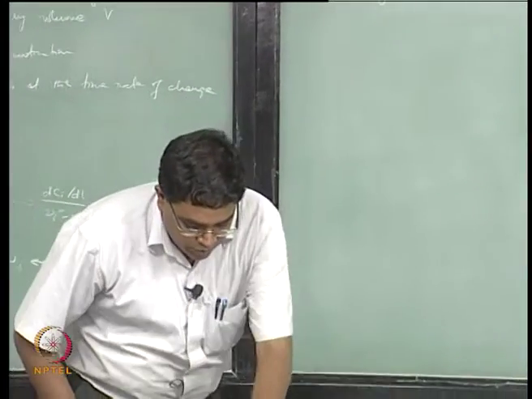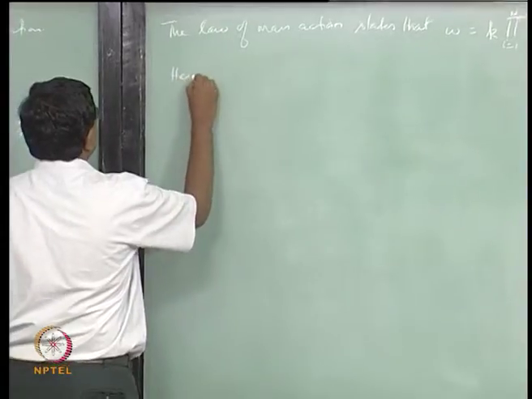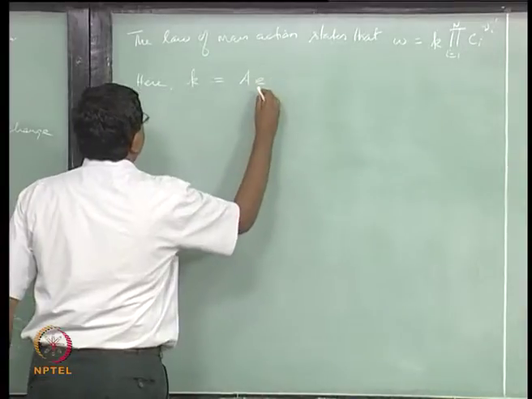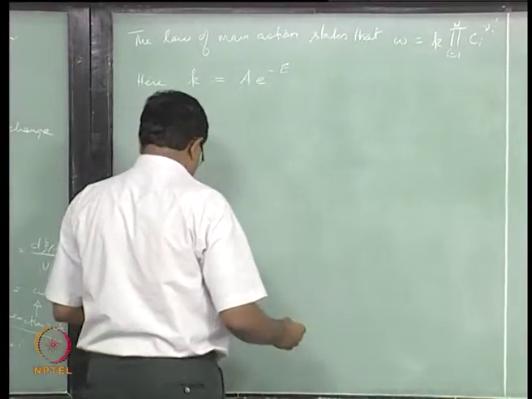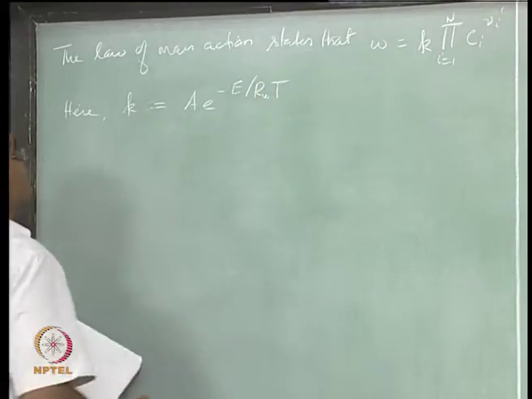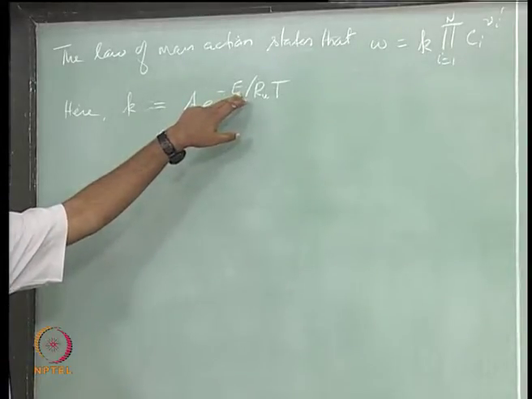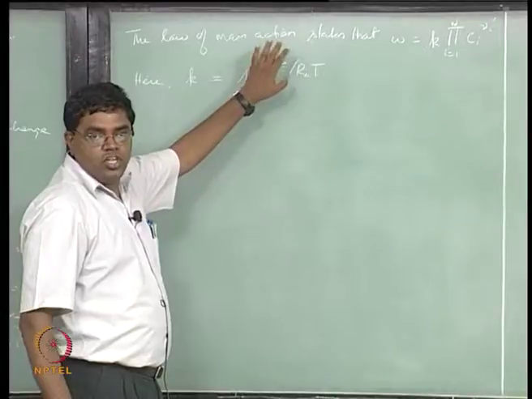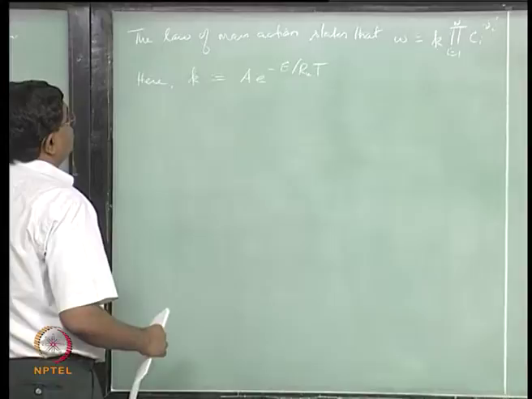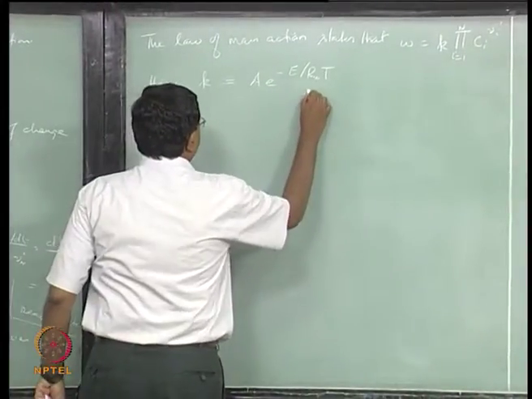The next thing I would like to point out is k. k is equal to A e to the minus E over RuT. Sometimes there is a subscript a on E to indicate activation energy. Ru stands for the universal gas constant.